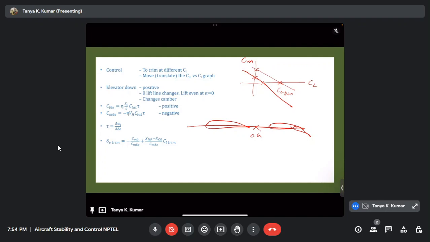It produces lift even at zero angle of attack, right? So when I deflect the elevator down, there is an increase in lift production. So there is a delta L. Okay. So what kind of moment does this produce at the CG?